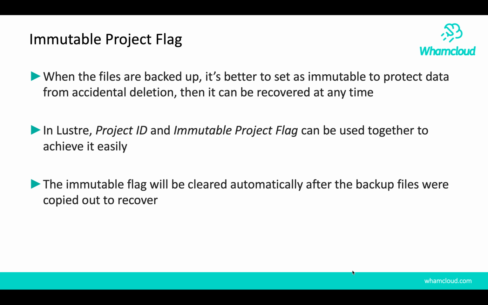Setting the backup files as immutable will protect data from accidental or intentional deletion. The immutable flag is a strong lock. It's unbreakable at the standard user level. Using the project ID and project immutable flag together, this task is relatively easy to achieve.